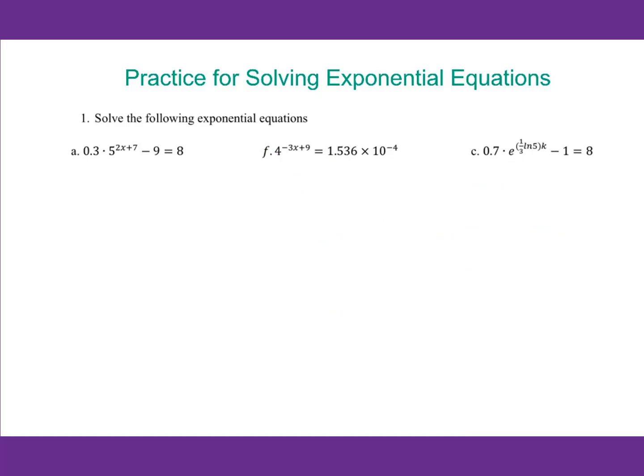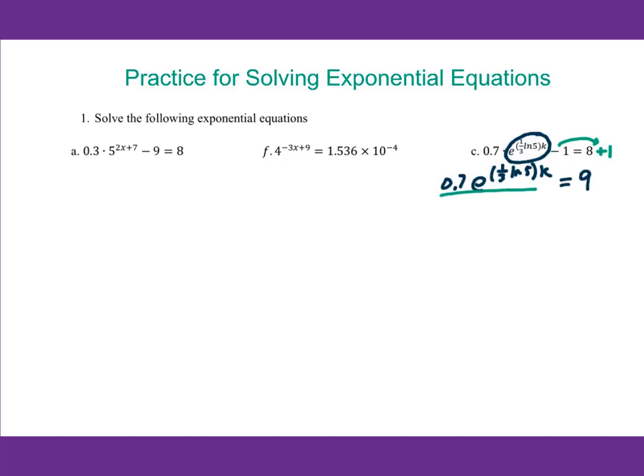Now let's go to C. First of all, this is an exponential equation. We need to isolate the exponential form on one side. So we add 1 to both sides. We got 0.7 e^((1/3)ln(5)k) equals 9.